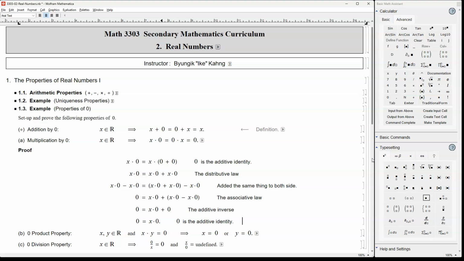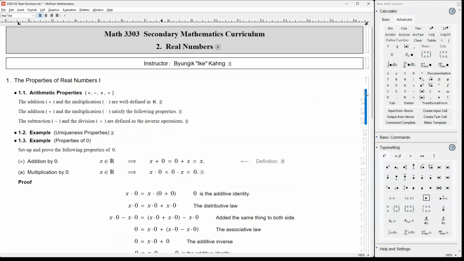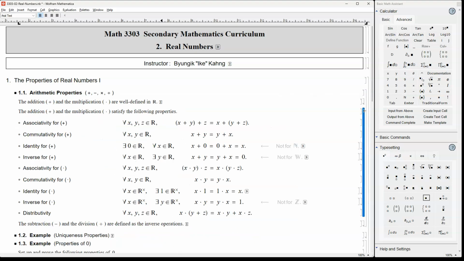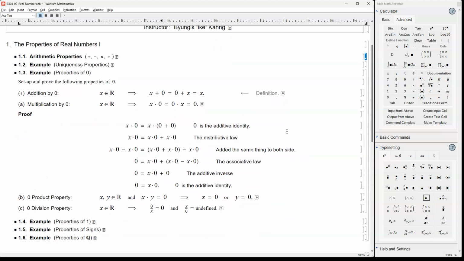X times 0 is equal to 0. This is really thorough proof. Can you see that? I took every single step based upon some arithmetic property here. And then not only that, on the right hand side, I gave all those reasoning.